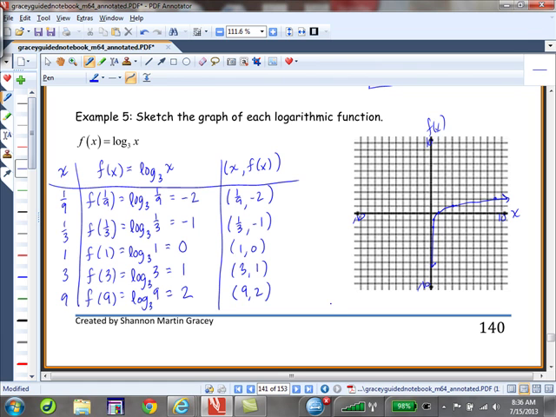The domain goes from where to where? It goes from 0, not including it, just getting really close to 0, on to infinity. And the range, even though it looks like it levels out, it doesn't. It keeps increasing, so the range is all real numbers.